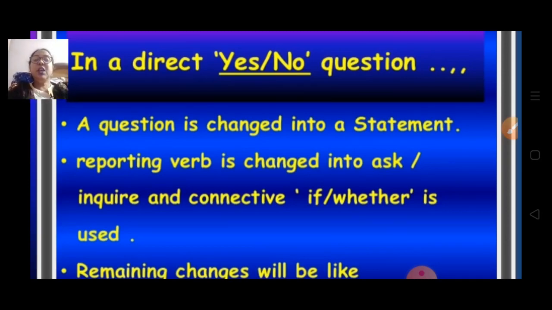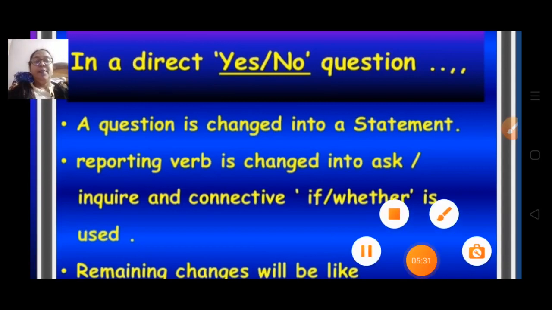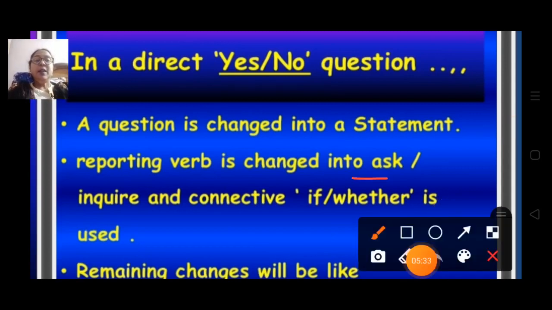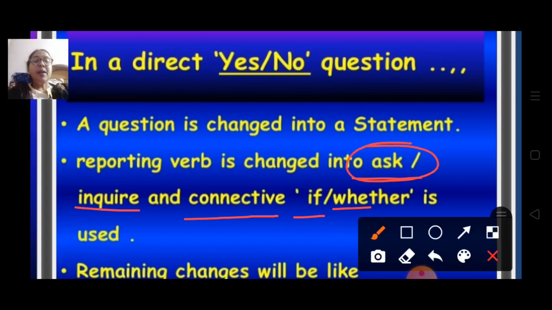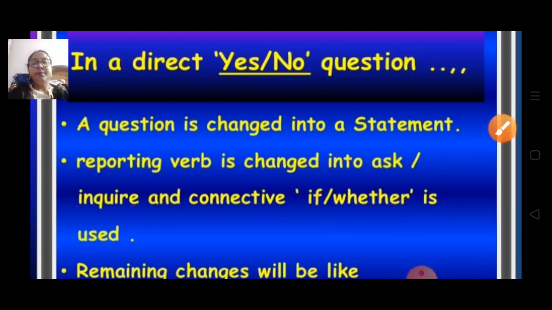The reporting verb is changed into ask or inquire, and for the connective, if and whether will be used. So always remember ask or inquire will be there, with the connective if or whether.